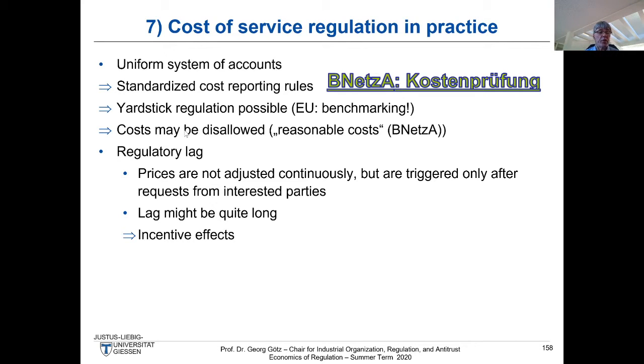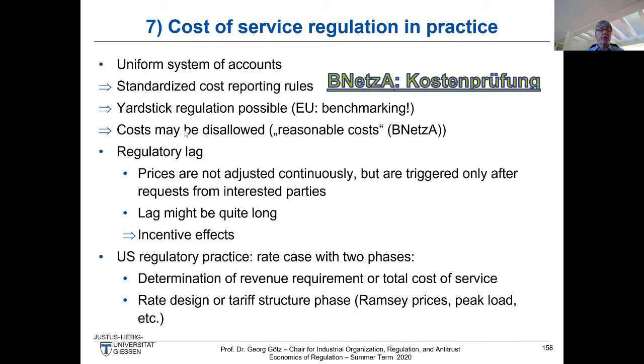This also has incentive effects, because if you are able to reduce your cost today and the next cost monitoring takes place only in 2 years, you will have additional profits in the meantime. In Germany, for instance, the period of incentive regulation takes 5 years.